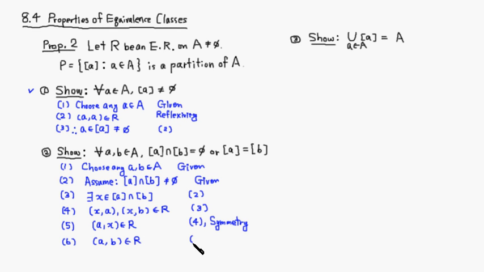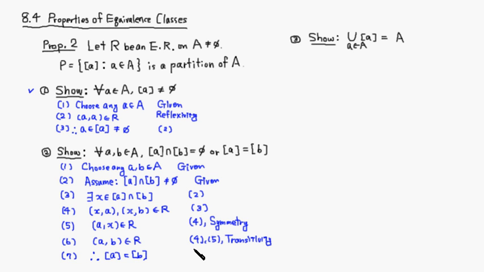I'm combining 4 and 5, then using transitivity. Then we can use property number 1, which we proved in the previous video: if a is related to b, then the equivalence class represented by a and the equivalence class represented by b are identical.